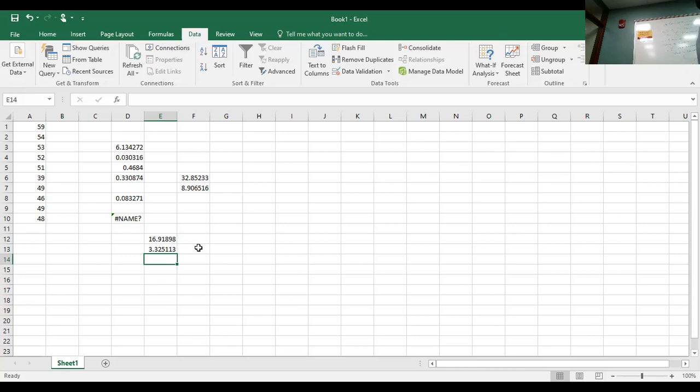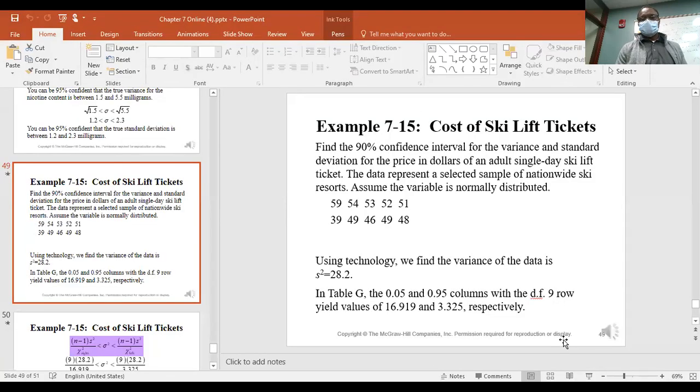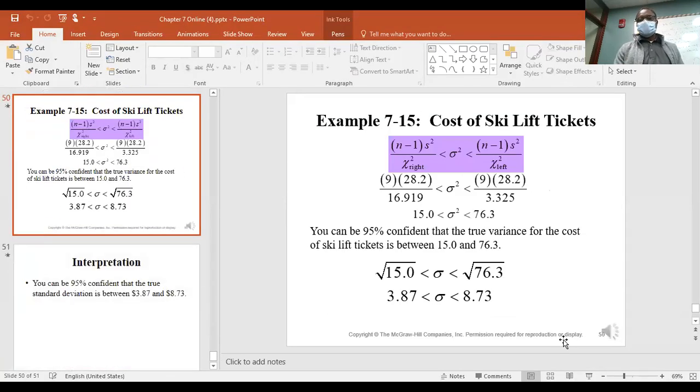There you will see a lot of tests, and you will have to decide which test you want to use and enter the information. If you want to learn how to use your calculator, we can do it maybe after class. So you can do this computation to find it.